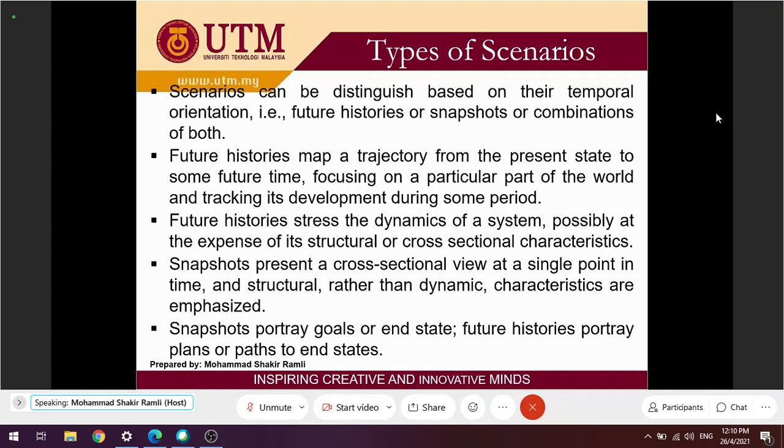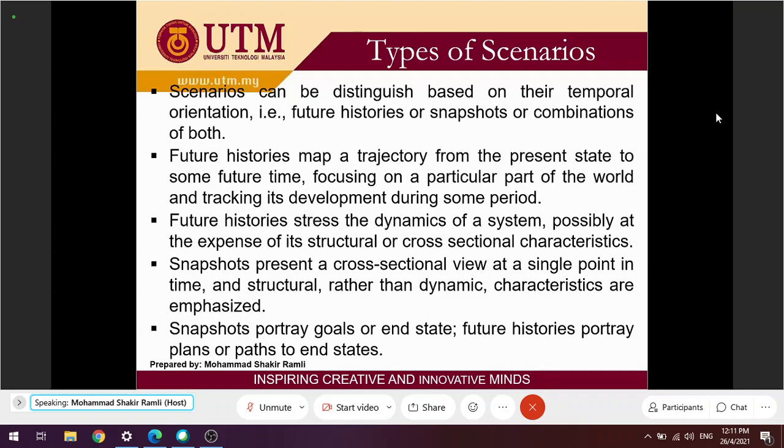For example, we want to have 10,000 units by the end of the year. So each month maybe 1,000 units. Maybe, yeah, because sometimes due to rejects and slowness in production, we do not achieve the weekly or monthly target. So a snapshot like MPS, we call it end state or goals of the plan.